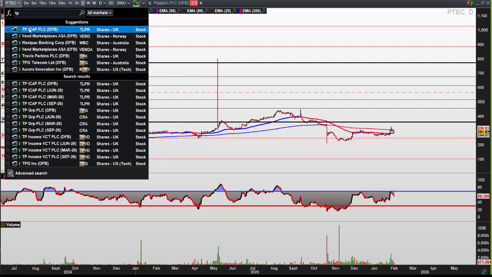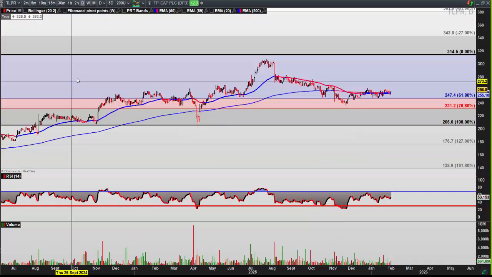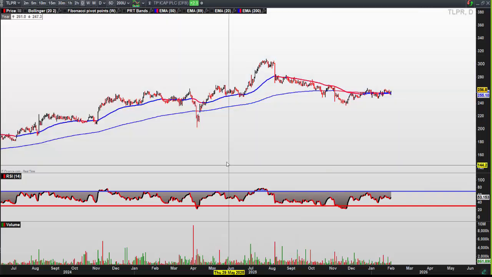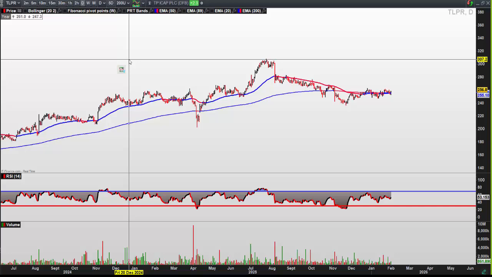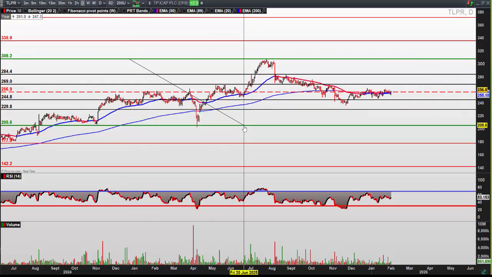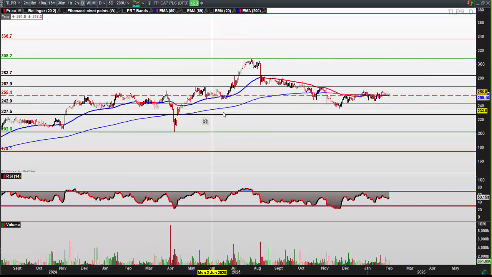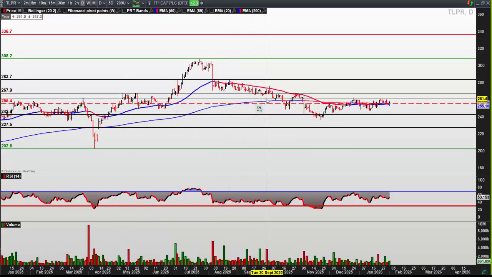I was doing some fundamentals on this, and I need to be a little cautious on this one. After my nemesis with Rexall, I need to be a little bit more cautious and wait for more confirmation.